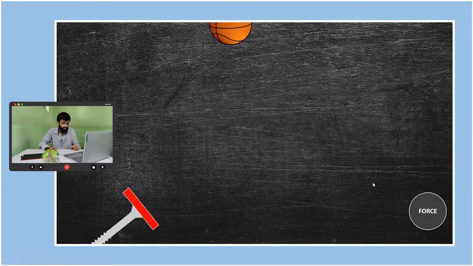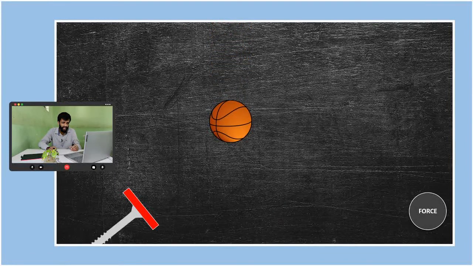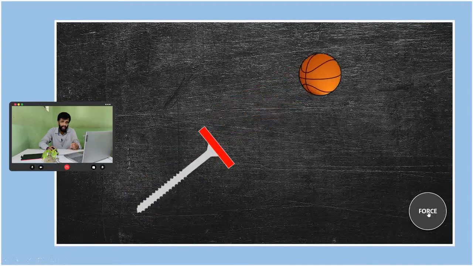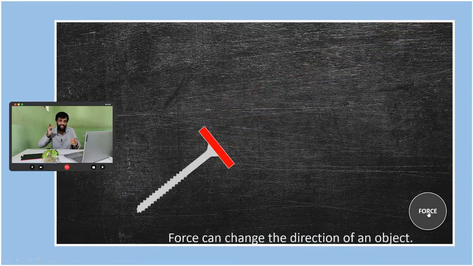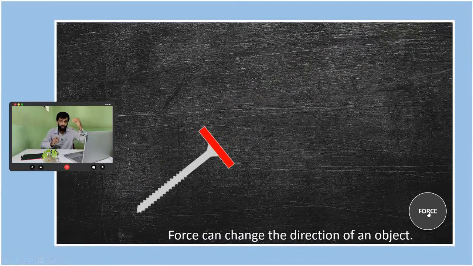Okay, so here one ball is being dropped, and what I do is I apply force. So the moment I apply force, I'm changing its direction. So the ball was falling straight down on the ground, and I apply force in such a way that I change its direction.